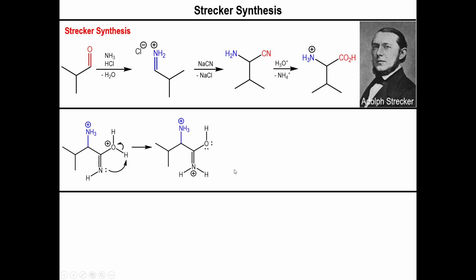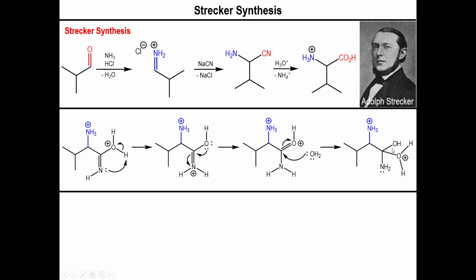And then what takes place now is that we do a little bit of electron movement, right? So bring the electrons from oxygen down, kick the electrons back to nitrogen, all right? And we'll have water coming in. Okay, kicking the pi bond back to the oxygen, but now forming two oxygen-hydrogen containing moieties, right?